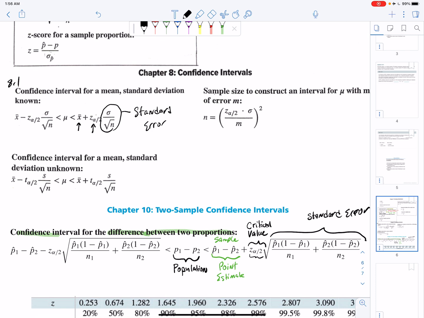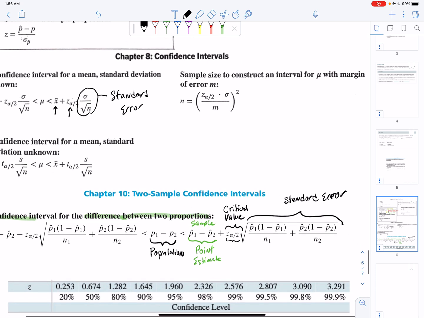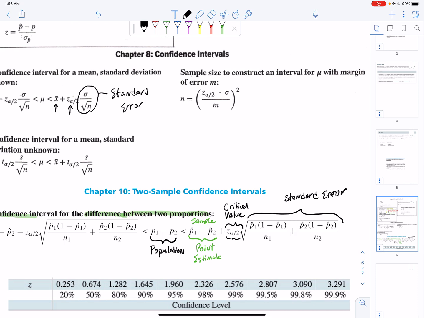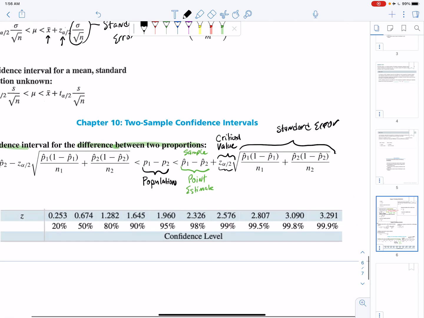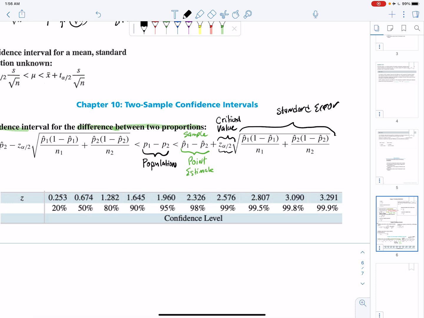There are definitely some real similarities, but in this case it's a proportion, and the proportion formula is a little more difficult. We also have the proportion from sample 1 and the proportion from sample 2, so it gets more complicated. And let's put a final touch on this. When you multiply the critical value times the standard error, you get the margin of error.